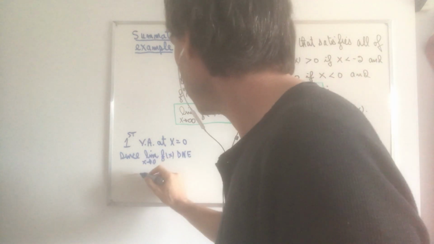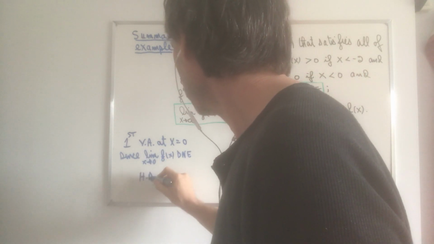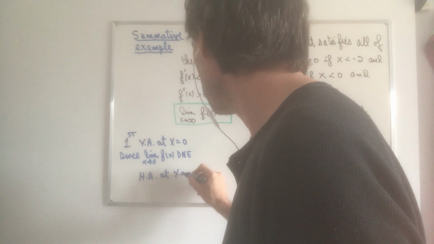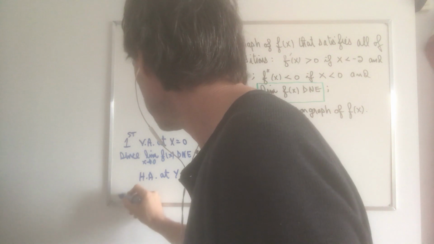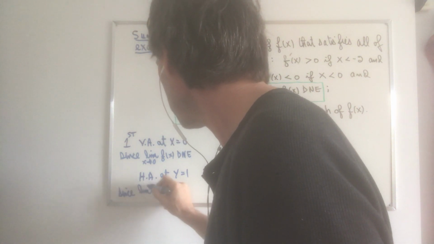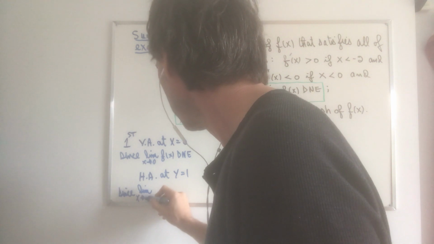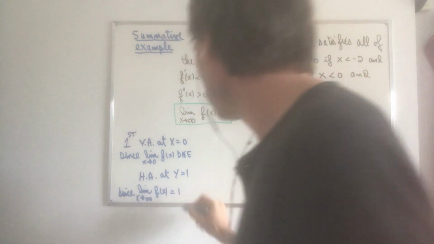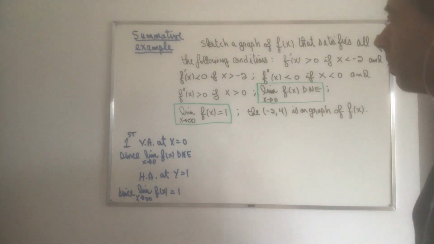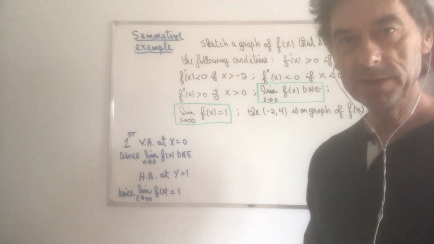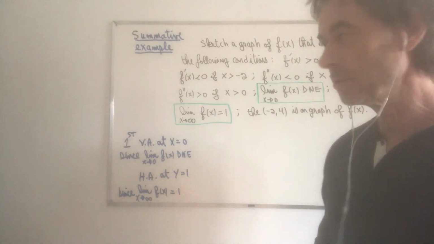I'm also going to say that there is a horizontal asymptote at y equals 1, since we are also given this, the limit as x approaches infinity of f of x is equal to 1. As for the rest, it looks like a bunch of things that I'm not too sure what to do with, right?